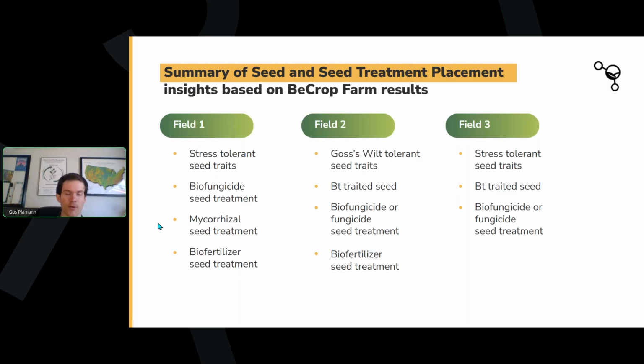Again, I'm not going to go through all the slides again, but field 1 could benefit from stress tolerant seed traits or seed treatments. So that could be, maybe prioritize seeds that are known to have vigor and deal with drought effectively. Biofungicide seed treatment to deal with some of those disease issues. Mycorrhizal seed treatment to help with nutrient cycling and just overall soil health. And biofertilizer seed treatment.